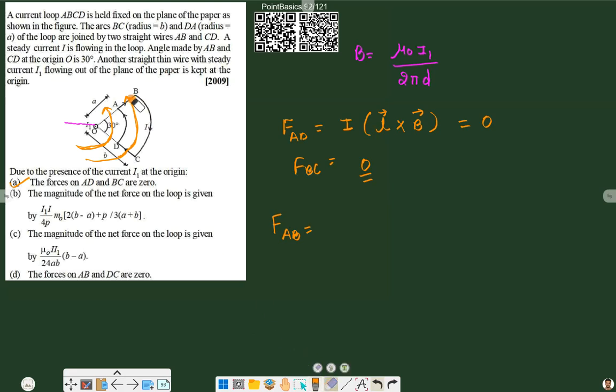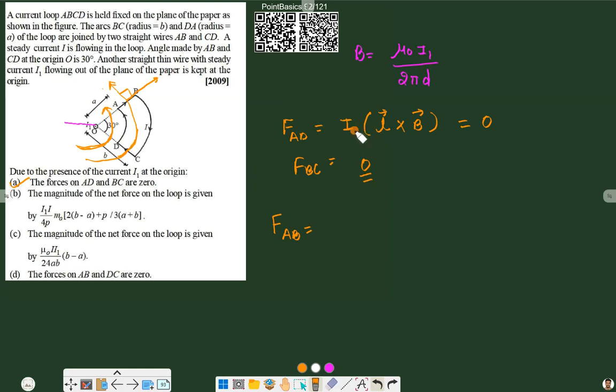Let me draw it clearly. Here the magnetic field lines are moving something like this, and the current is moving like this. So between magnetic field and current there is an angle of 90 degrees.